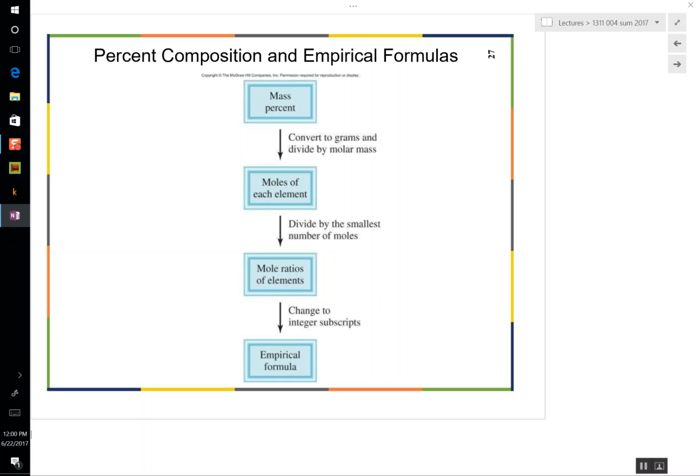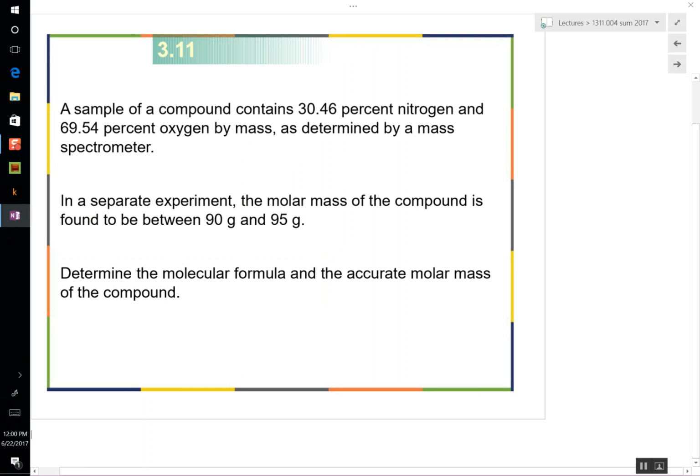We don't know. But you could go from an empirical formula to a molecular formula if you're given a molecular weight. Have you done one of those? Yes? Okay.